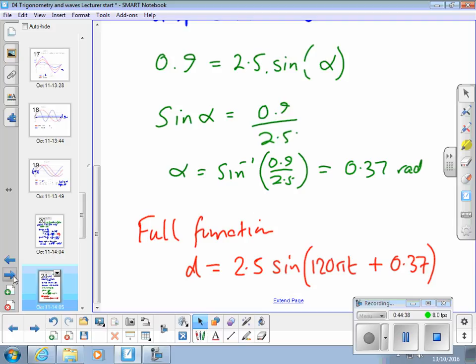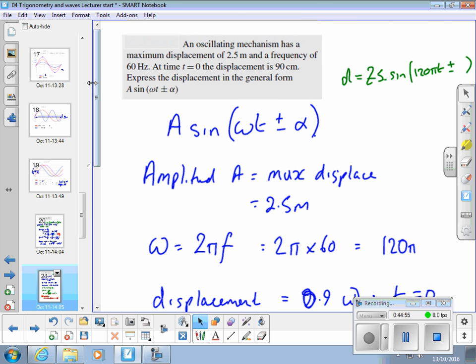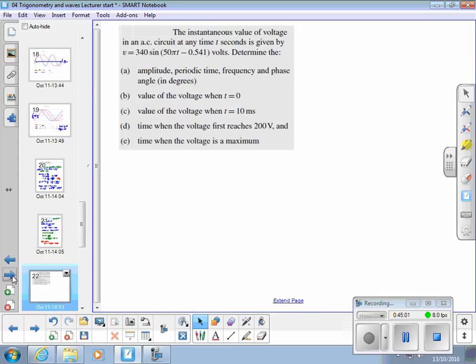The displacement at any time can be found using that function. Yeah, the question was asking you to produce that function from the data given, wasn't it? Express the displacement in the general form.